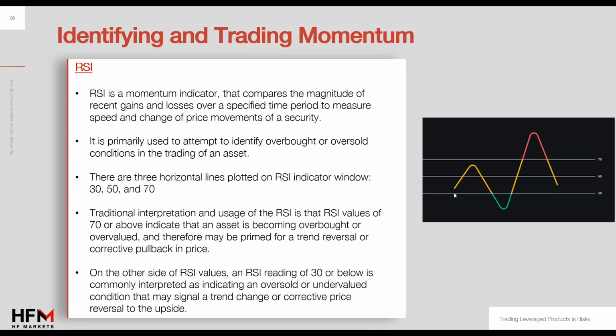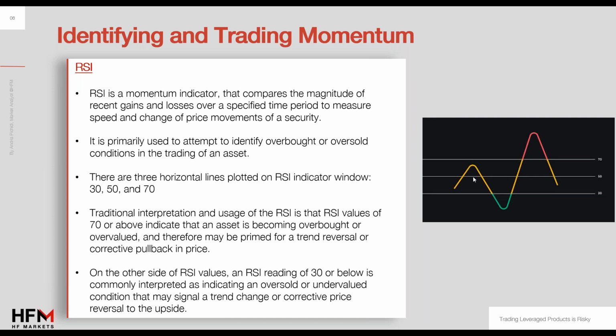RSI can be as low as 0 and as high as 100, so it has a range. Anything above 70 is considered an overbought territory. Anything below 20 is considered an oversold territory, and the middle one, the neutral zone, is at 50.